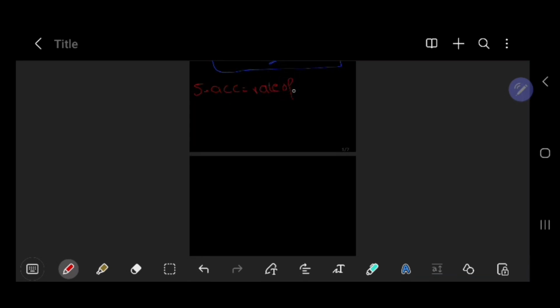As you read this statement, rate of change of velocity, what do we understand by change of velocity? Change of velocity means final velocity minus initial velocity, divided by time. So acceleration is final velocity minus initial velocity divided by time.